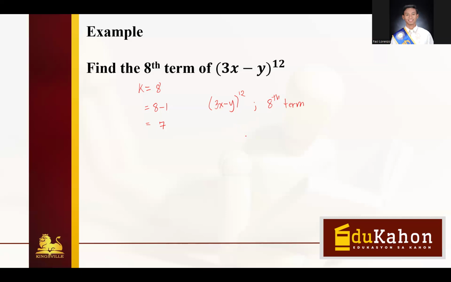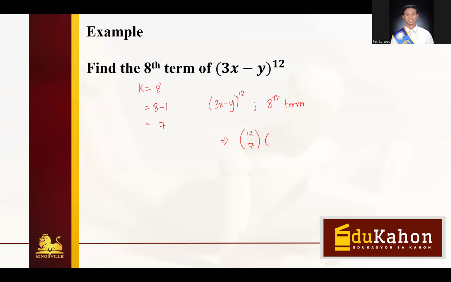So by eighth term, we know that this is just the value for 12 taken 7. Okay? So we need to subtract it by 1, because if we have the eighth term, then we are just getting the last preceding term of this eighth term. Okay? So that is 8 minus 1. So we have 7.